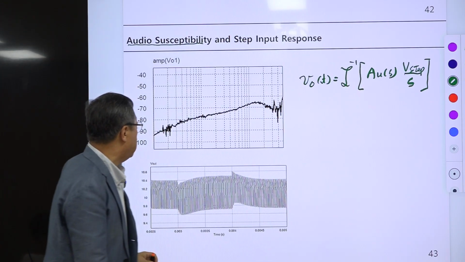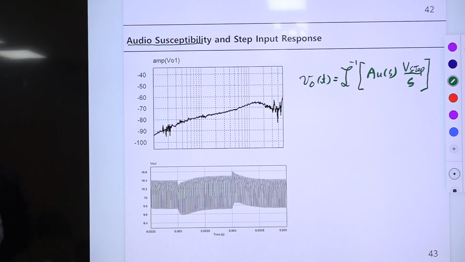Okay, so we have a pole, this pole, GC. It is a pole, but it was 0 in compensation.